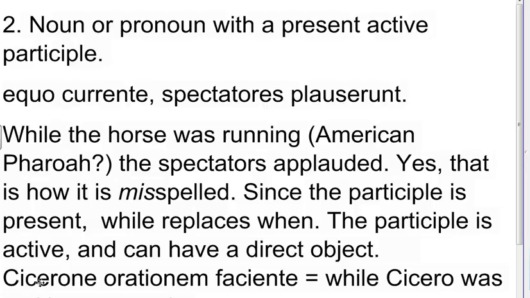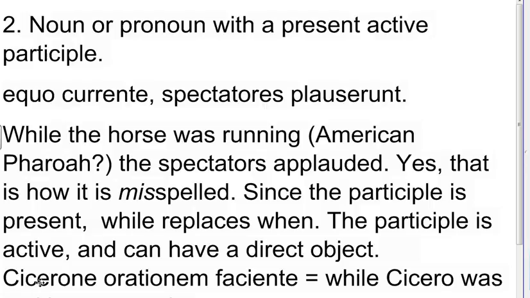Notice the comma, so that if you are translating this, two ingredients of the elements of an ablative absolute are present. Two words in the ablative case, in this case the noun equo and the present active participle currente, and that very helpful comma.